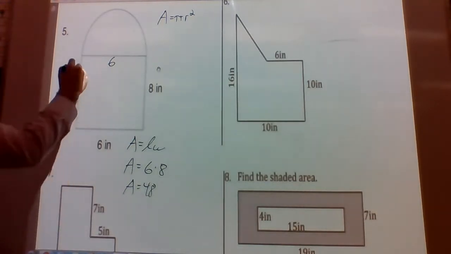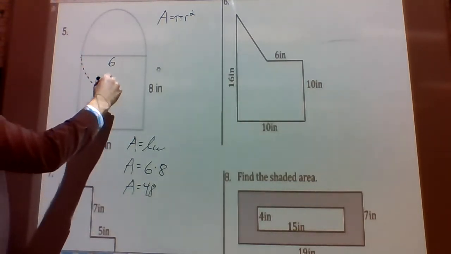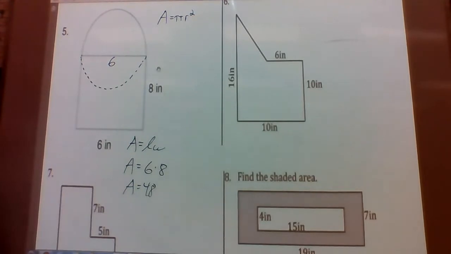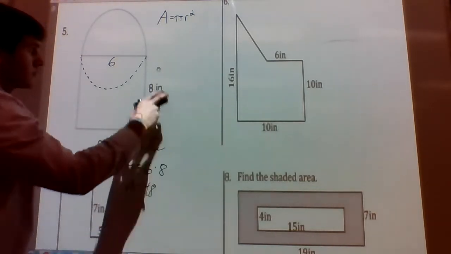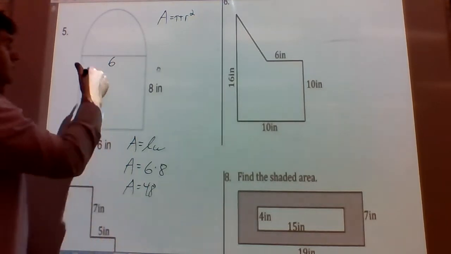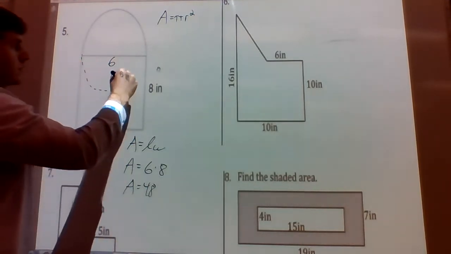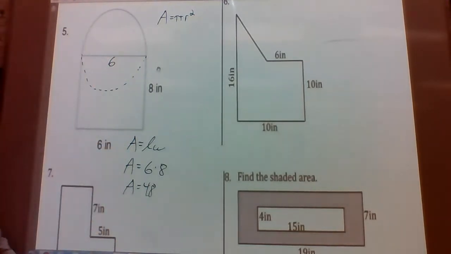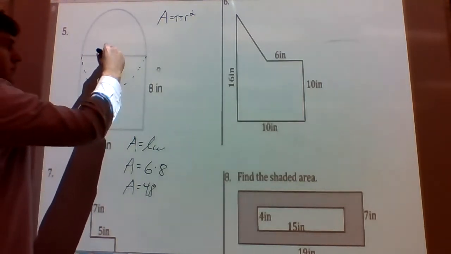Okay. It happens that if we look at the circle, okay, it's not a very good circle, but we notice the diameter is 6.